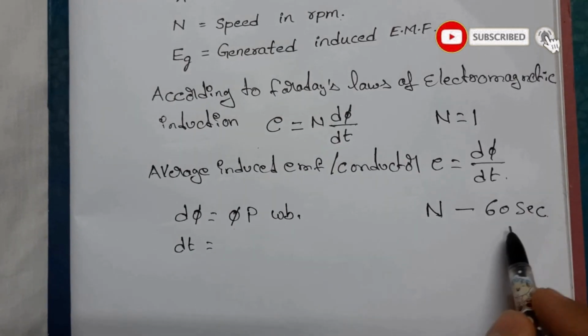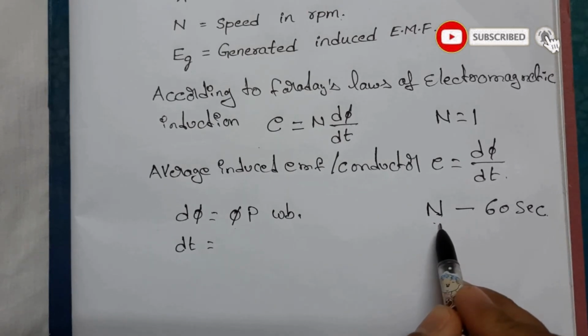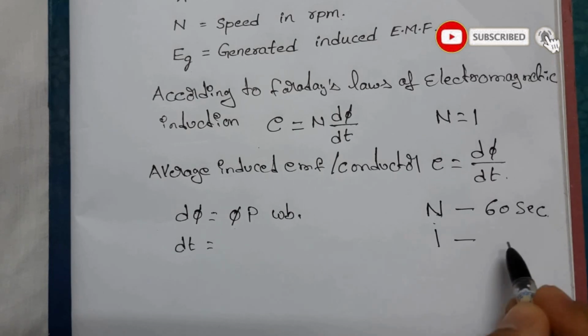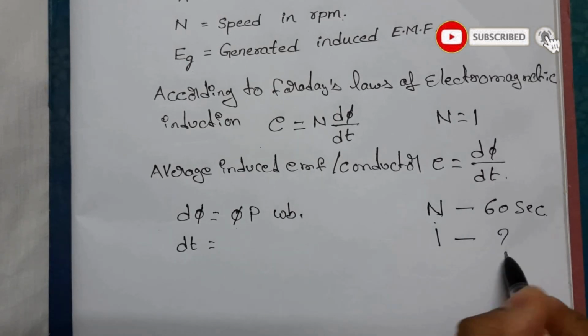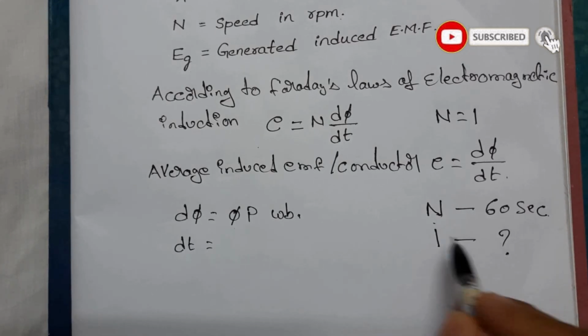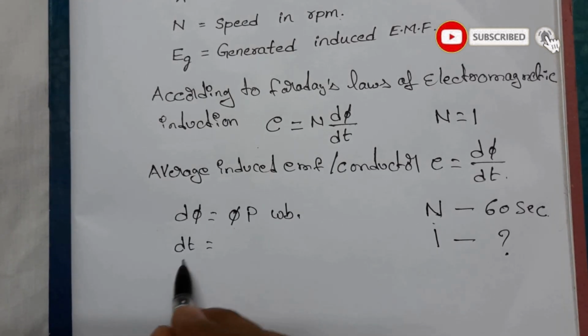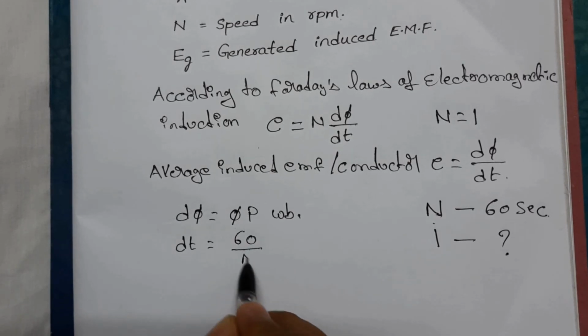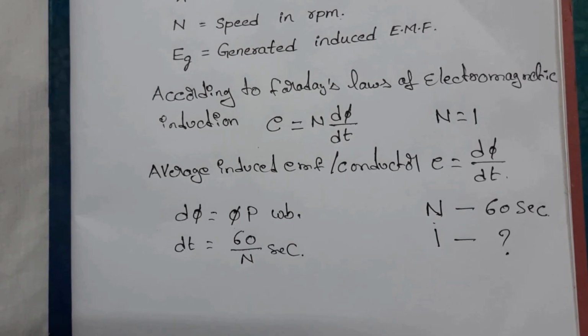So in 60 seconds the conductor makes N revolutions. The time for one revolution is 60 by N seconds, so the change in time dt equal to 60 by N seconds.